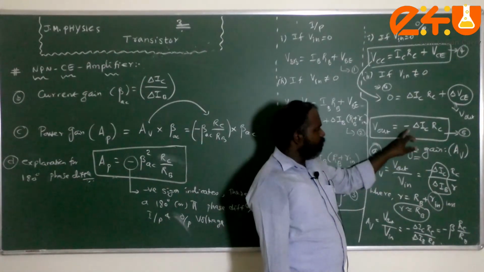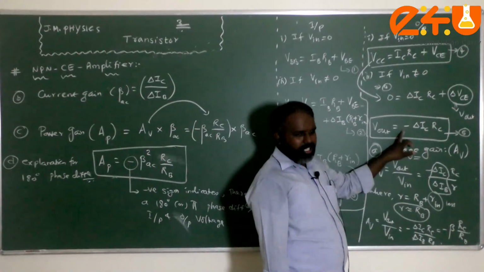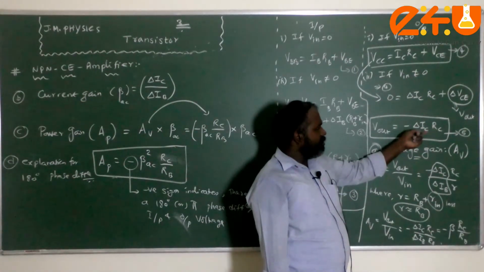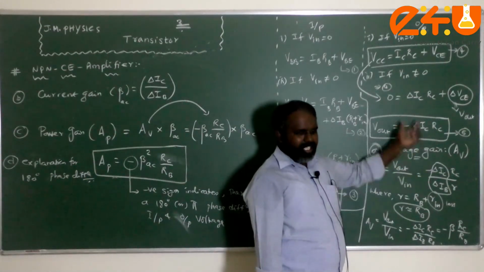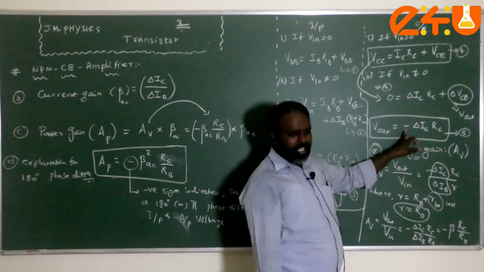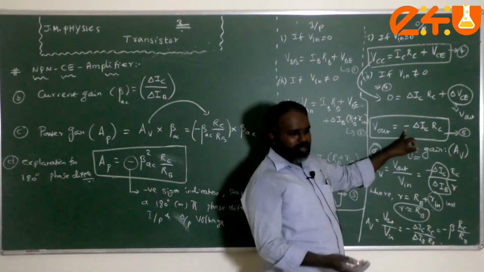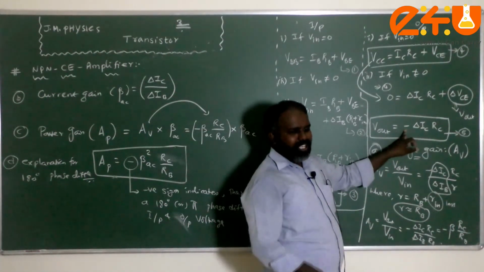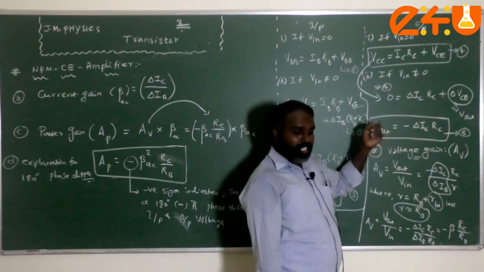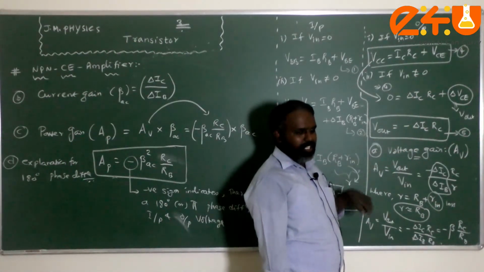But this is with what sign, children? Negative sign. Therefore, when this value increases, the value of V out decreases because of the negative sign. As I said earlier, minus 5 is lesser than minus 1. So in that sense, you have to take this explanation.